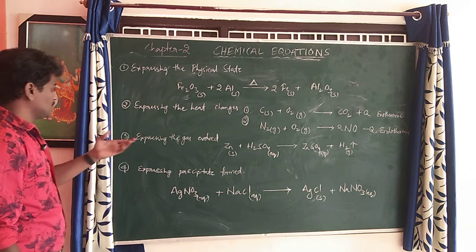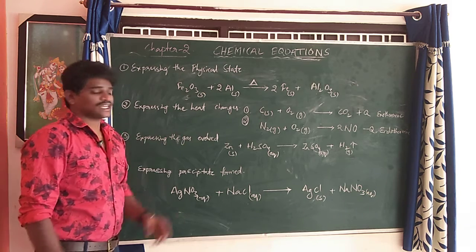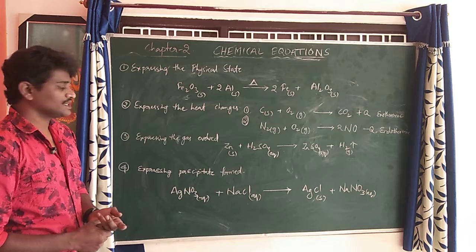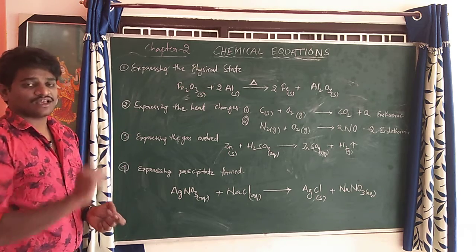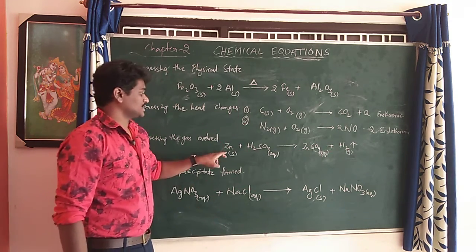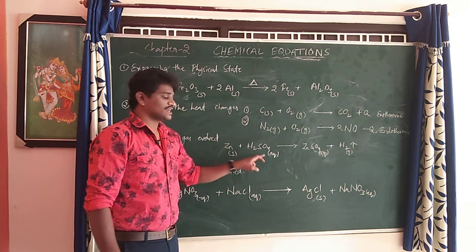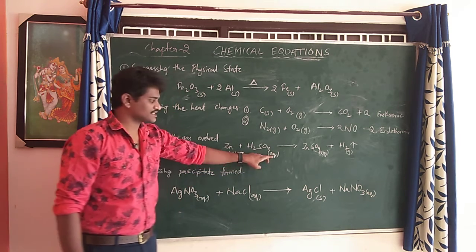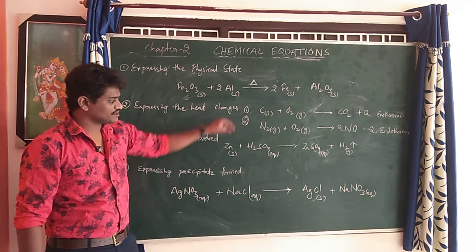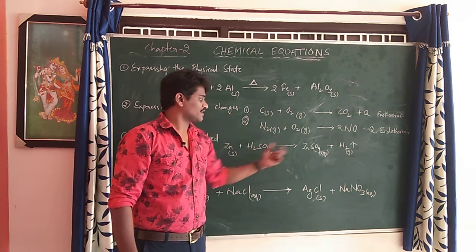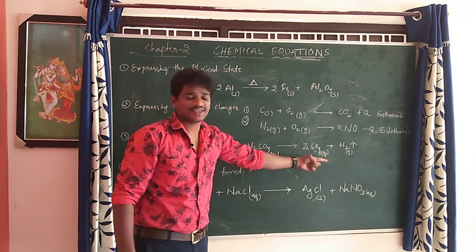Next, expressing the gas evolved. Some reactions evolve gas, and for that we use an upward arrow like this. Zinc, when reacted with sulfuric acid, H2SO4, in aqueous solution, forms zinc sulfate by releasing hydrogen gas.